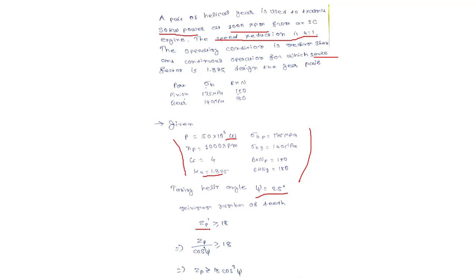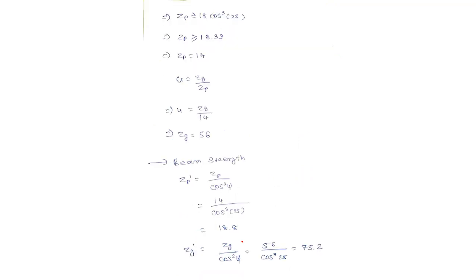ZP dash is used for the virtual gear equivalent to the spur gear, and we all know the equation ZP upon cos cube psi is equal to 18. Putting the value of psi in this, we get ZP greater than or equal to 13.39. So we can write 14, as 14 is greater than 13.39.